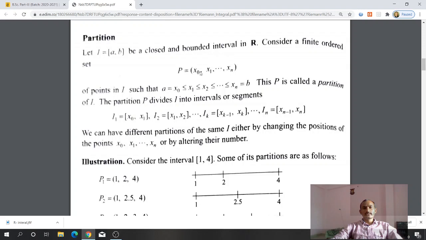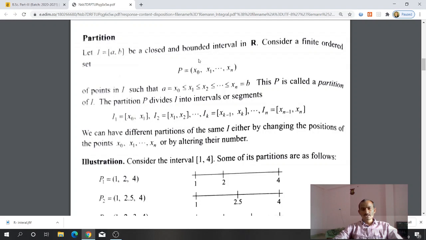We call this set P, and this set contains points of the interval I. So x0, x1 and so on up to xn are points of this interval I, and these points have an order: x0 less than or equal to x1 less than or equal to x2 and so on, less than or equal to xn. Then this P is called a partition of the interval I.